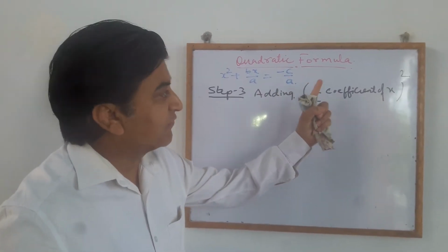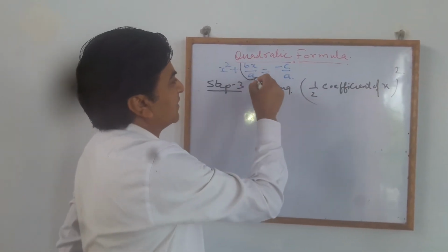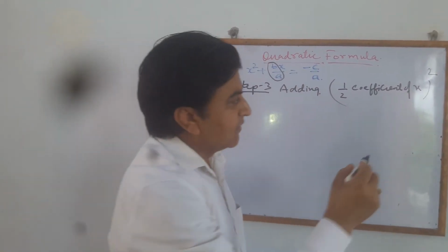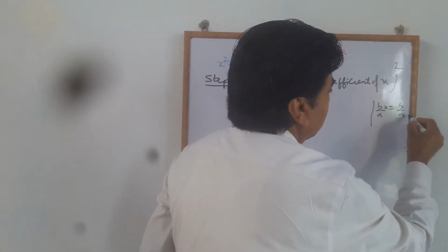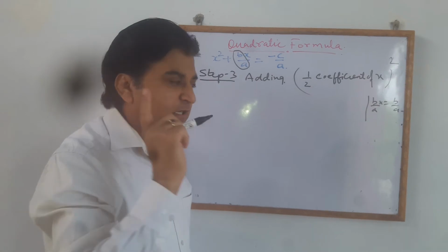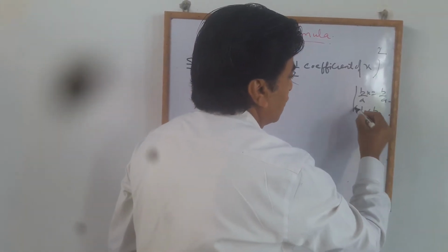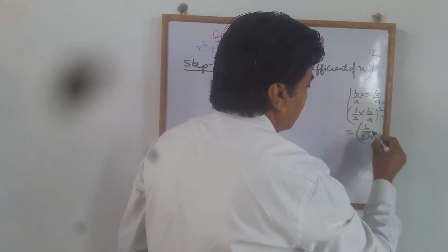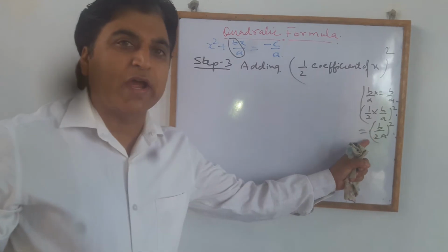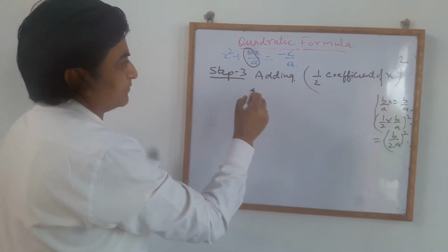What is the coefficient of x here? If you look, the coefficient of x is b upon a. So half of the coefficient of x means 1 upon 2 into b upon a whole square, which is equal to b upon twice of a whole square. So we have to add b upon twice of a whole square to both sides.